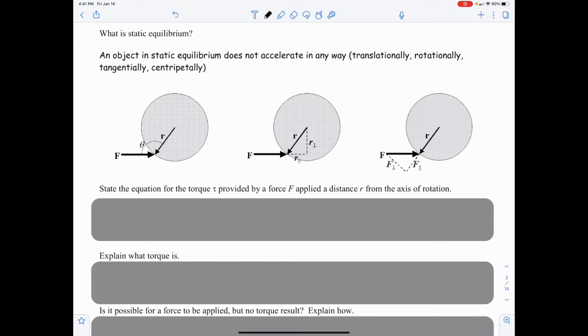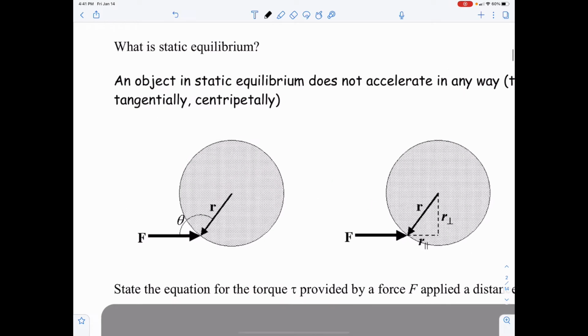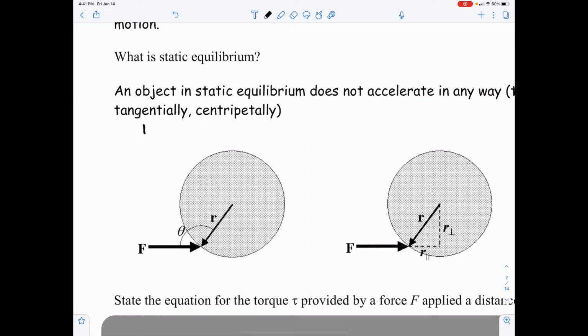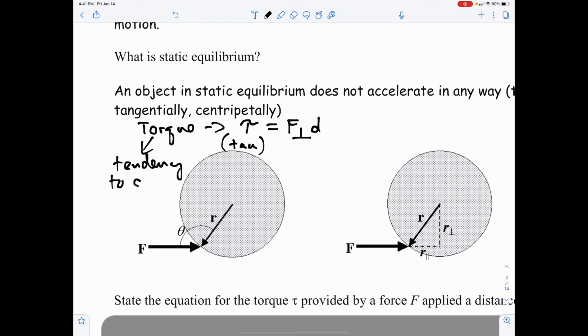When we are trying to provide a torque, which uses the Greek letter tau as the symbol, it is equal to a perpendicular force times a distance. Now let's describe what this is. The torque is the tendency to cause rotation.